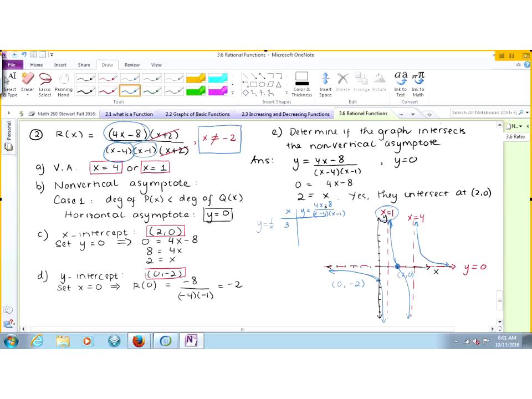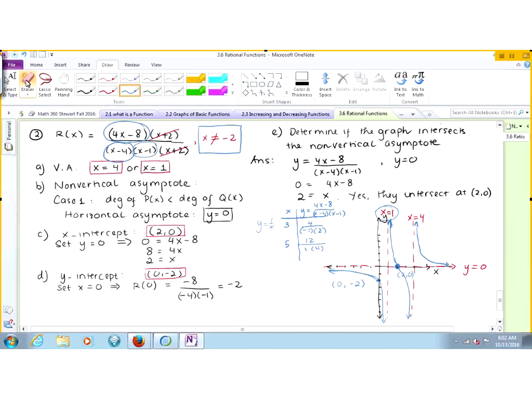When x is equal to 3, what do you have on top? 12 minus 8 is 4, divided by negative 1 times 2. And when x is 5, y is 20 minus 8, which is 12, divided by 1 times 4. So you could choose the point.